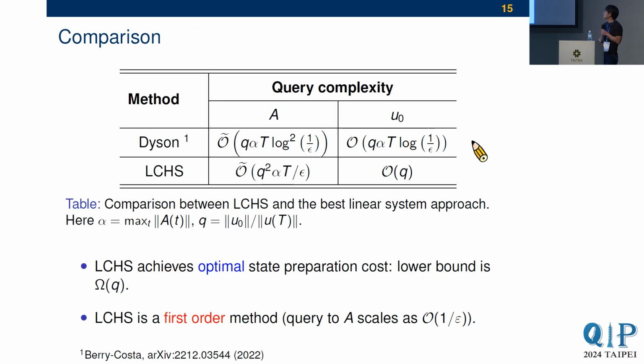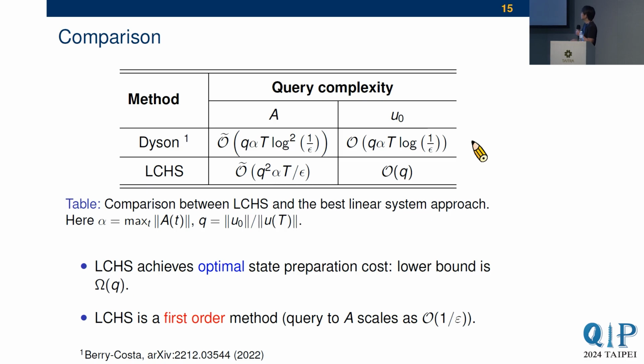The good thing is that the most advanced version, by Berry and Costa in 2022, achieves very good query complexity with respect to the matrix A. Here is some block encoding factor. It is linear in simulation time. And Q is some amplification factor that you can do nothing about.